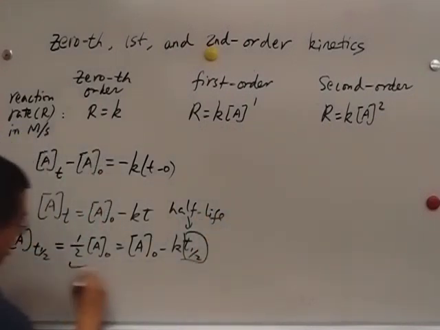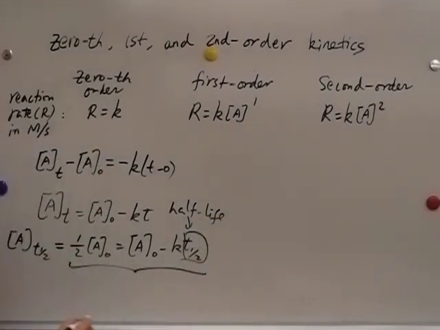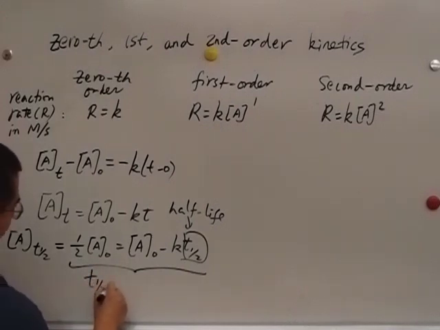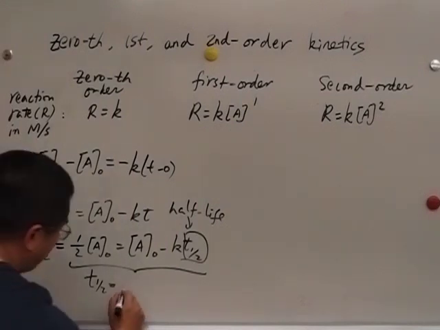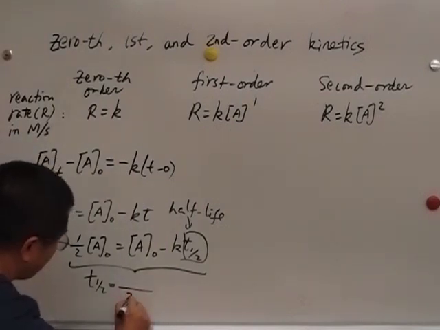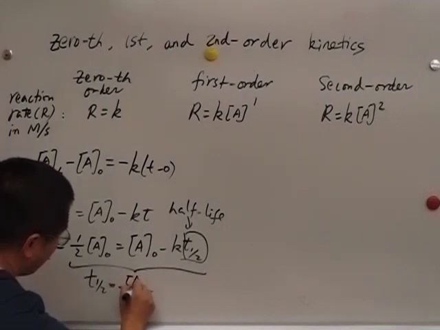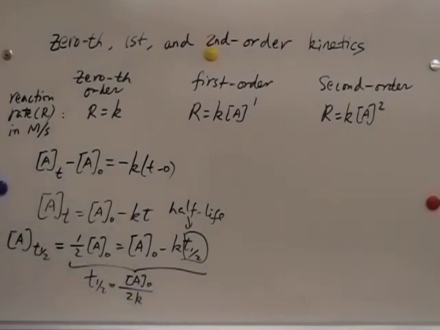And we solved this simple equation. We learned this half-life of the zeroth order reaction is simply A naught over 2K. We're done with the zeroth order reaction now.